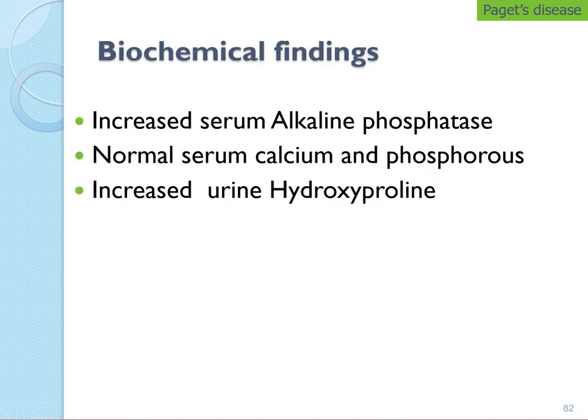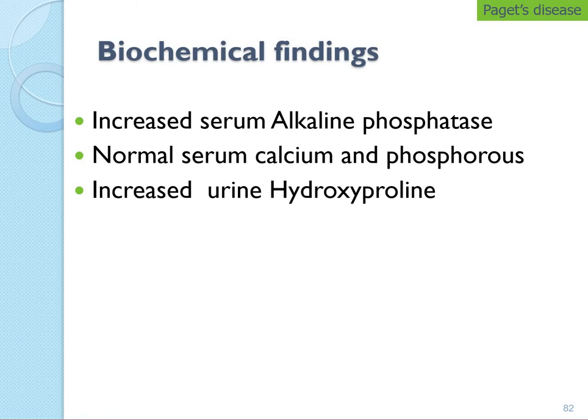Biochemically, because of increased resorption and formation of the bone, there is extra alkaline phosphatase present in the serum. Although the serum calcium and phosphorus levels are normal, indicating the lack of any hormonal imbalance like that of parathormone, calcitonin, or vitamin D3.